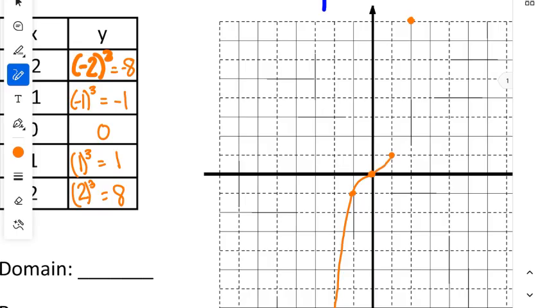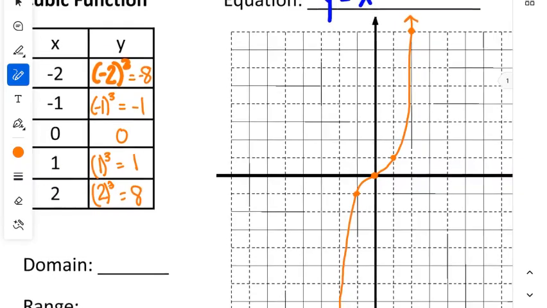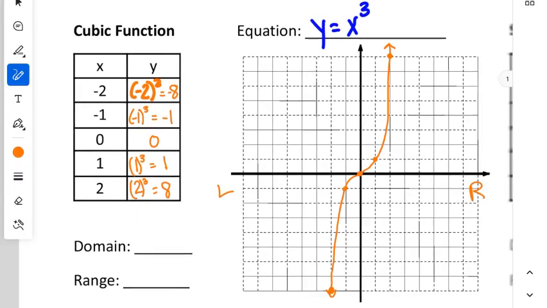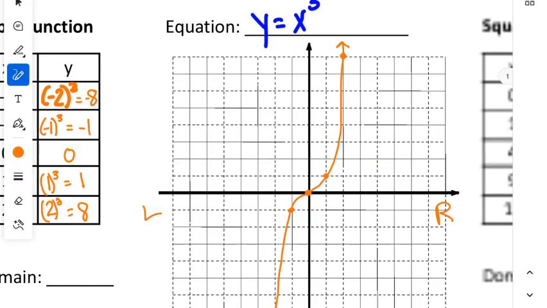So the downhill looks like that. The uphill looks like the right side of a parabola, kind of. Looks like that. In the middle, they're close together. And then as you go further out, it goes out straight. So it goes left and right.